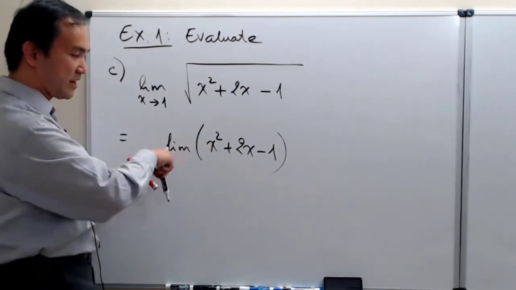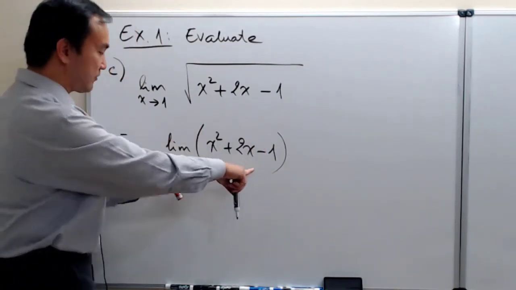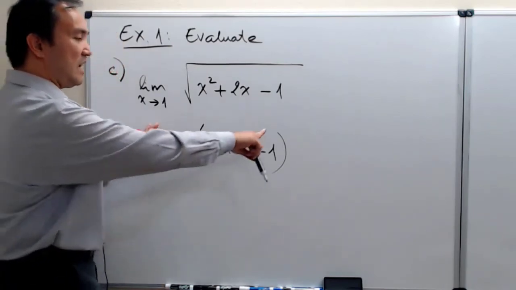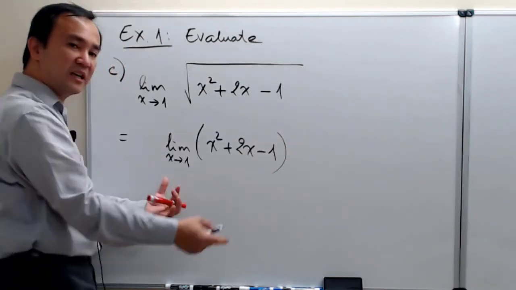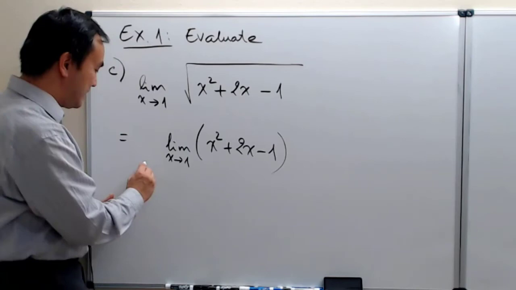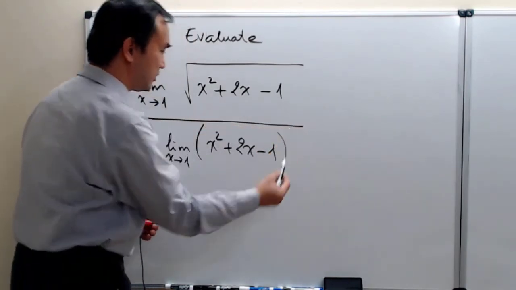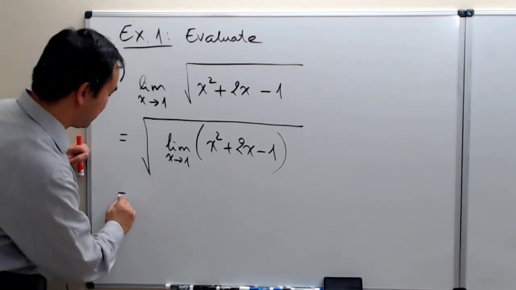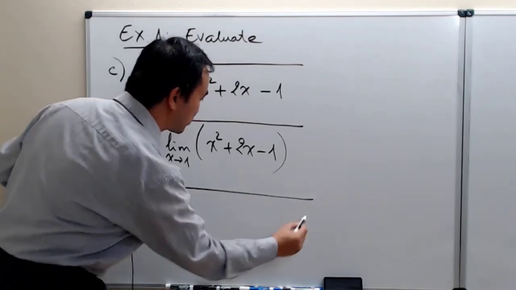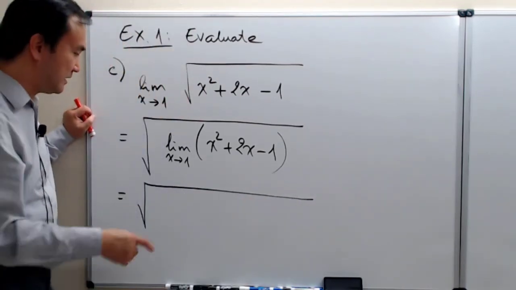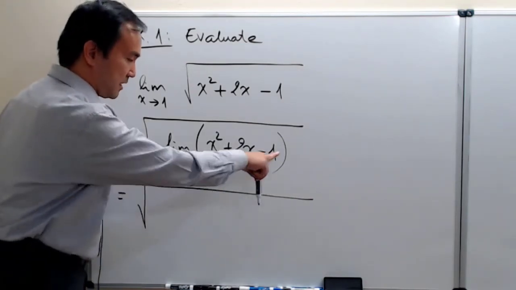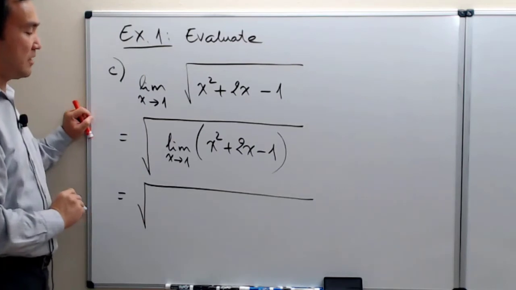That's why I'm now tackling just that function inside the root, considering that limit as x comes close to 1. And then if that turns out successful, meaning giving us a finite value, then we will be taking a square root. So I need to proceed further. I'm going to leave the square root hanging out there, and proceed with finding the limit of my polynomial inside of my root.